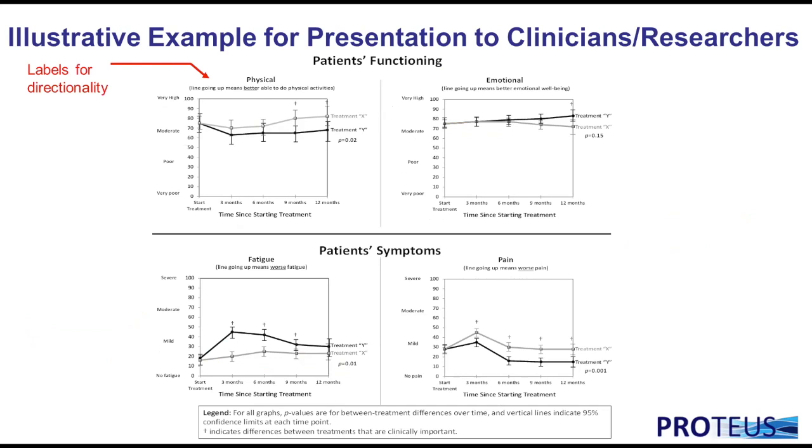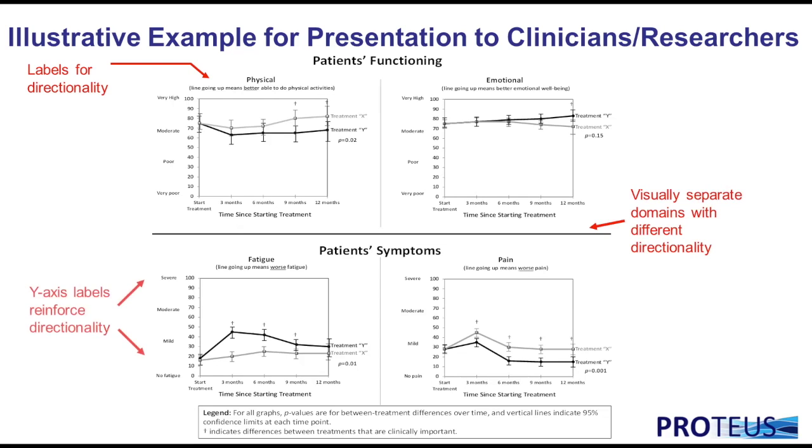As with patients, the lines are labeled directly rather than using a legend. The same labeling, titling, and annotations are included here, such as the headers under the domain names, the separation of domains with different scoring directionality, and the y-axis labels.